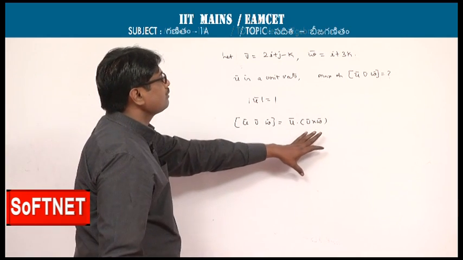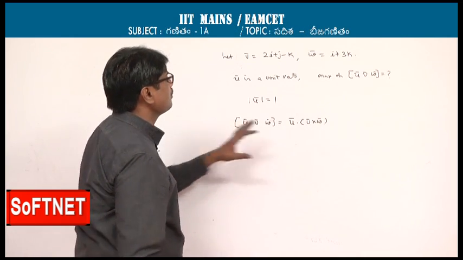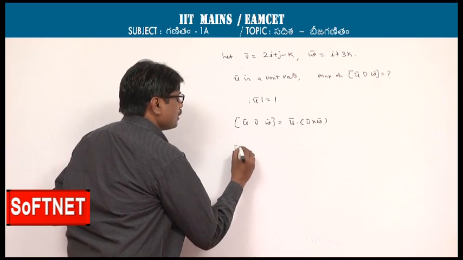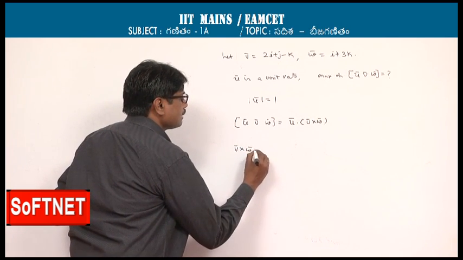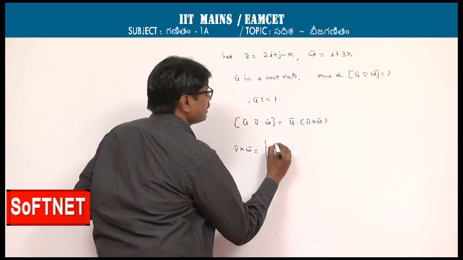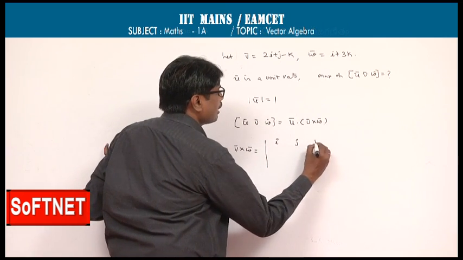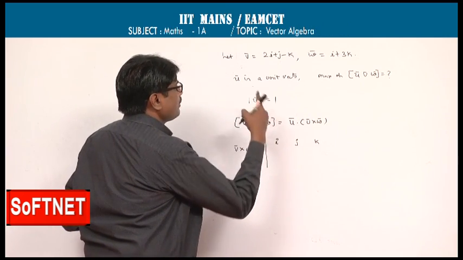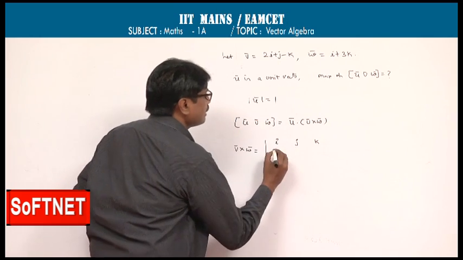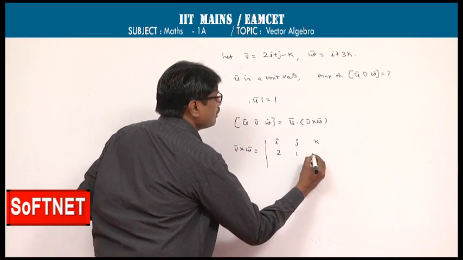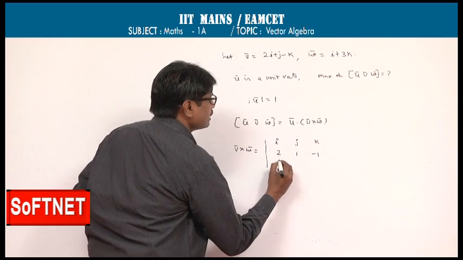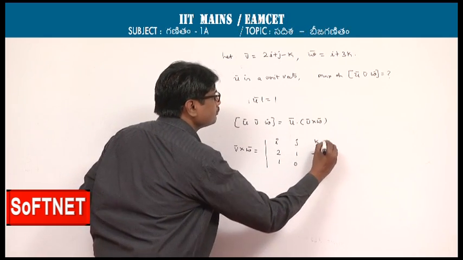First we calculate the value of V bar cross W bar. The value of V bar cross W bar is equal to determinant of 3 by 3 matrix i bar, j bar, k bar, and V bar is 2, 1, minus 1, W bar is 1, 0, 3.